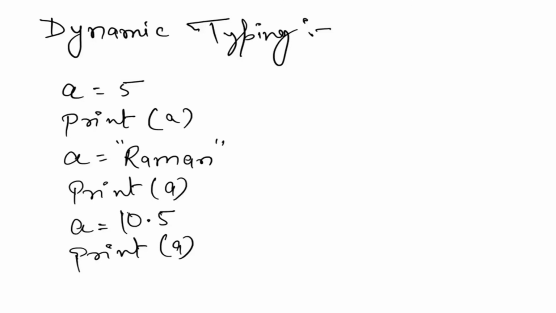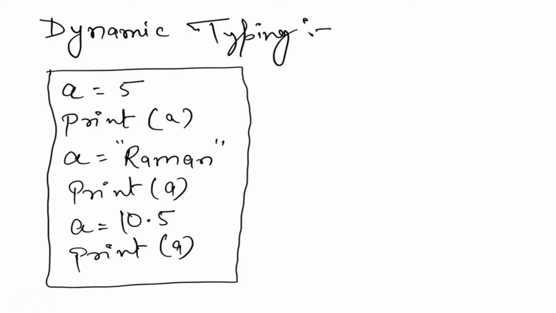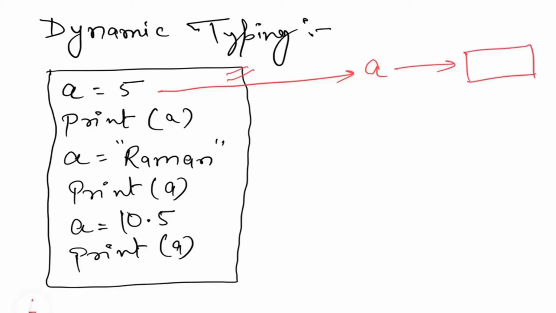Now we have this program, and we all know that Python is an interpreted language and it runs a program line by line. So after running the first line, a will be pointing towards the memory block having value 5, and what will be the data type of that variable at that time? Integer.